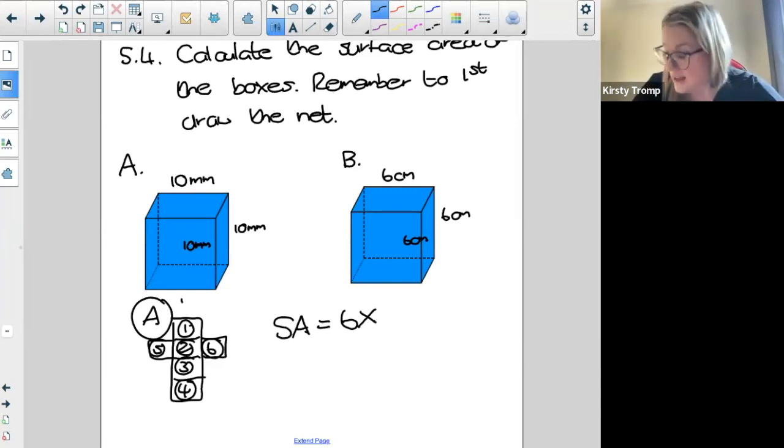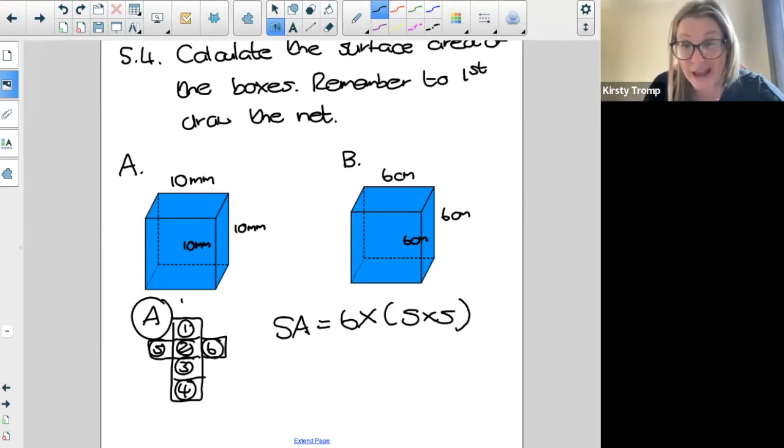The area of a square is side times side, or side squared. I remember when we were doing area the other night, somebody said, oh ma'am, what about length times breadth? That's even fine as well. You can do length times breadth, same thing.